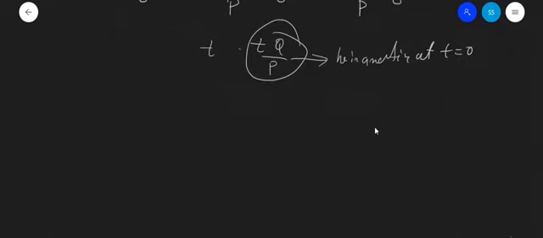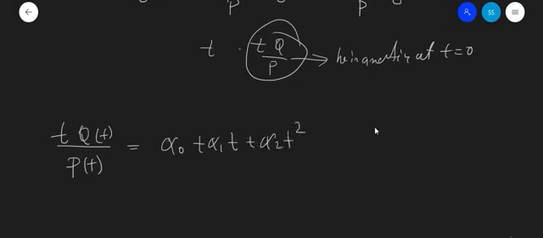So now what you can do is that you can use this. Obviously this is a function of t, so you can expand this as a power series near 0, and let's say the series looks like this: alpha 0, alpha 1 t, alpha 2 t squared, and so on. And you can enclose this whole thing with a bracket just to make sure that you don't confuse this t multiplying with this guy over here.